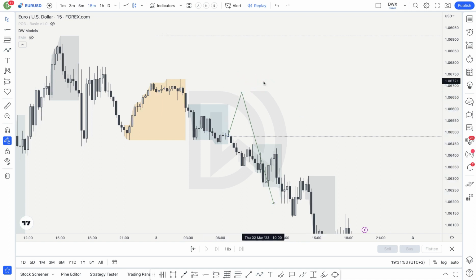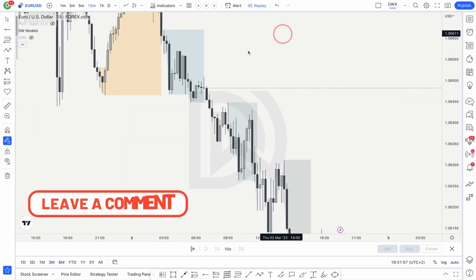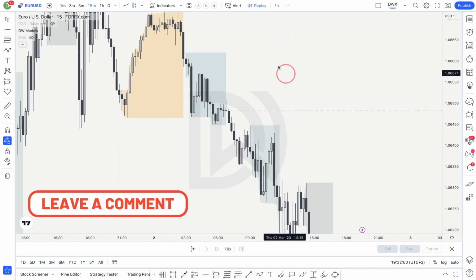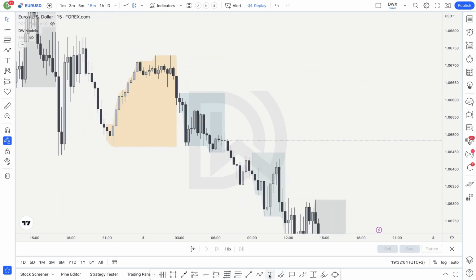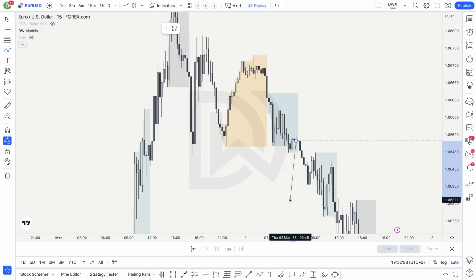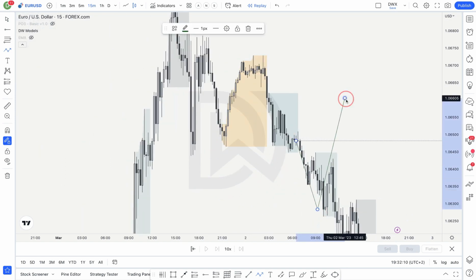Do you agree with me? Do you guys find this frustrating as well? Because then, yes, I know price is going short, but now I doubt myself and think, okay, maybe my bias was wrong, and now price is looking for sell side liquidity, taking sell side liquidity out, and then price will be going long.